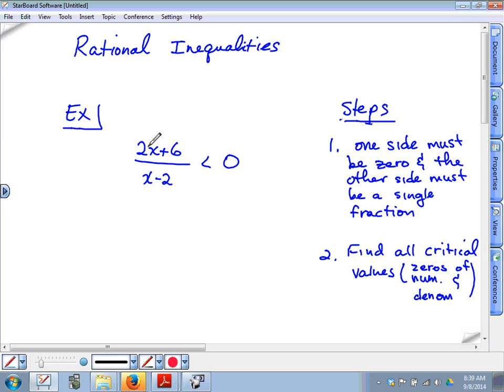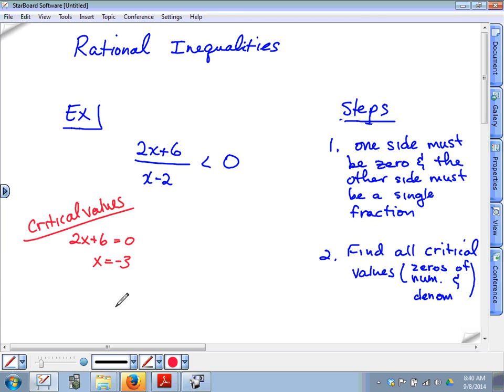So if we take a look at the numerator, 2x + 6, we're finding the critical values. When does 2x + 6 equal 0? It's pretty easy to find. Subtract 6, divide by 2, the critical value is negative 3.